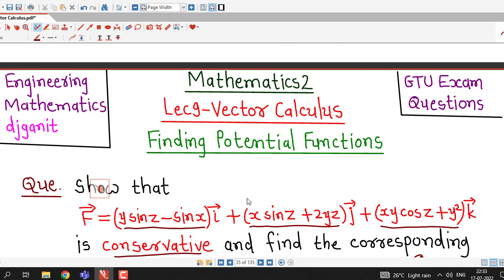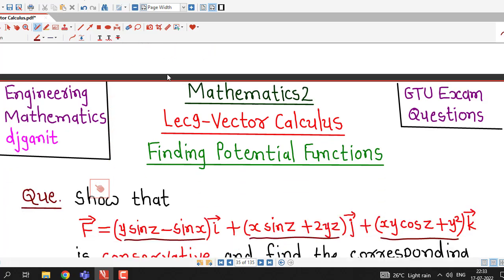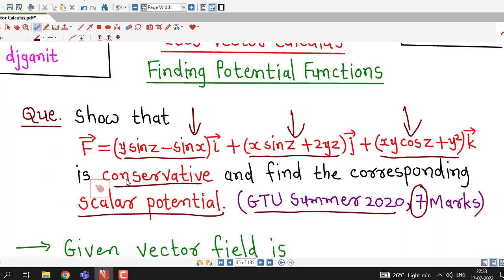As we know, the vector field F bar is conservative if it is defined on all of R3, its component functions have continuous first order partial derivatives, and the curl of F bar is a zero vector.